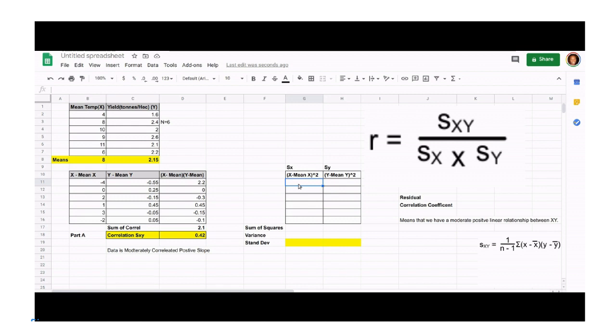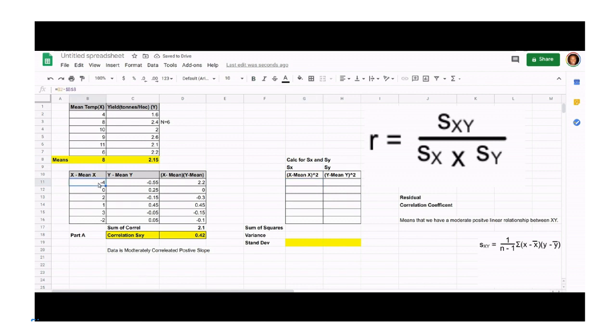So we have to calculate X times X minus the mean of X and square it, right? In order to get that, we're going to have to take information from the mean of X and the mean of Y, and the X minus the mean of X and the Y minus the mean of Y. So this is the calculation for it.